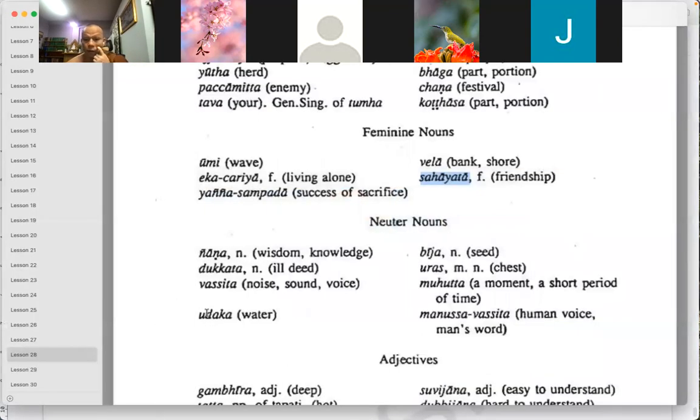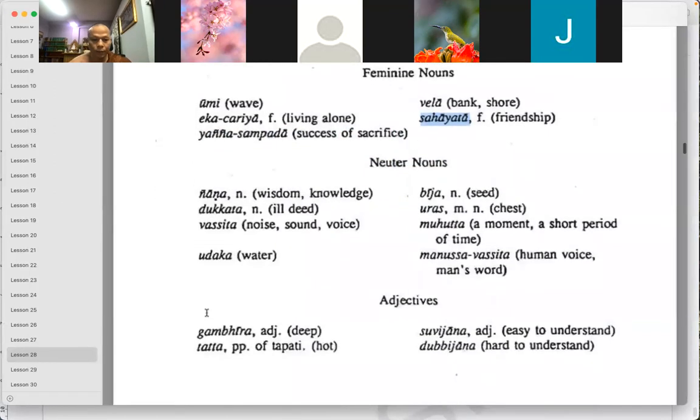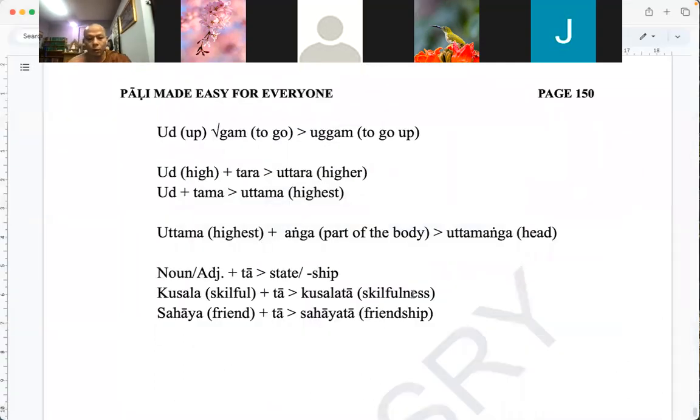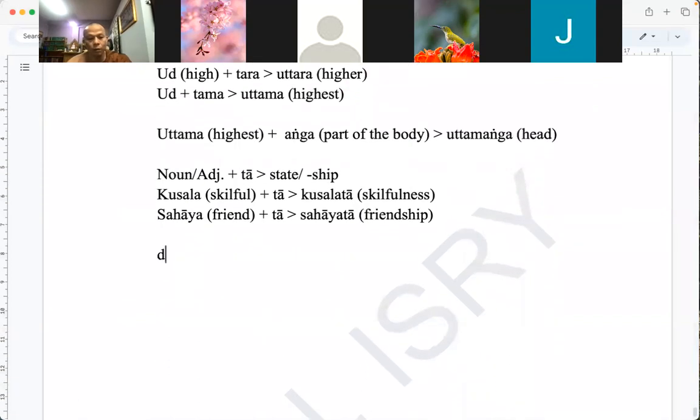And then next is jnana. Jnana means wisdom or knowledge. And then dukkata. Dukkata is originally a past participle: the prefix dur, the root kar, and the past participle ta. So we have dukkata.